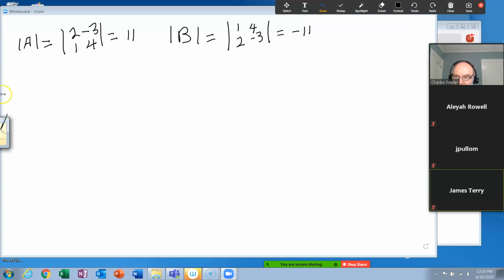going to do a slightly different matrix A. Here's matrix A. That's going to be the determinant of 1, negative 3, 2, and negative 4. Okay, can someone do that for me fairly quickly?